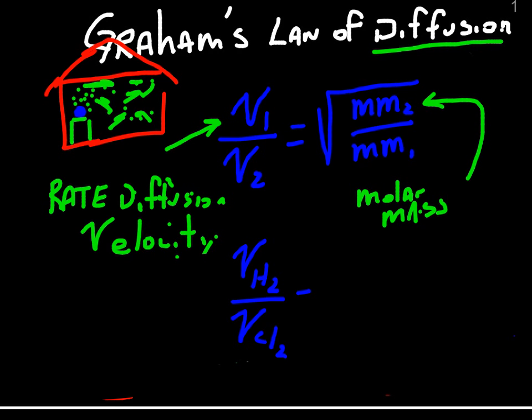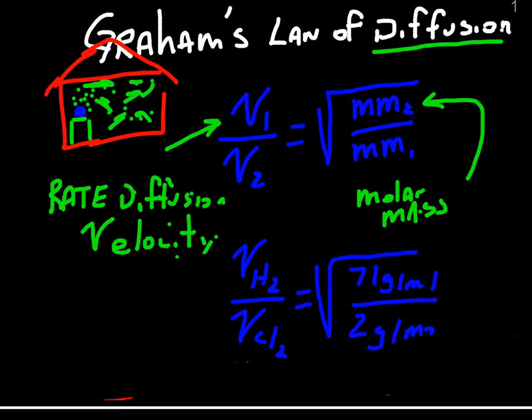That's going to be equal to the square root of the molar mass of the chlorine, 71 grams per mole, divided by 2 grams per mole. So I'll take 71 divided by 2, take the square root of that, and I'm going to end up with just the number 6. That 6 refers to how much faster the hydrogen is going to be than the chlorine. So it's 6 times faster.